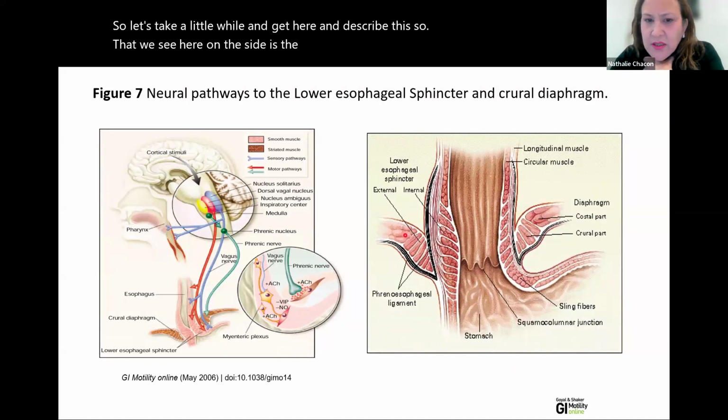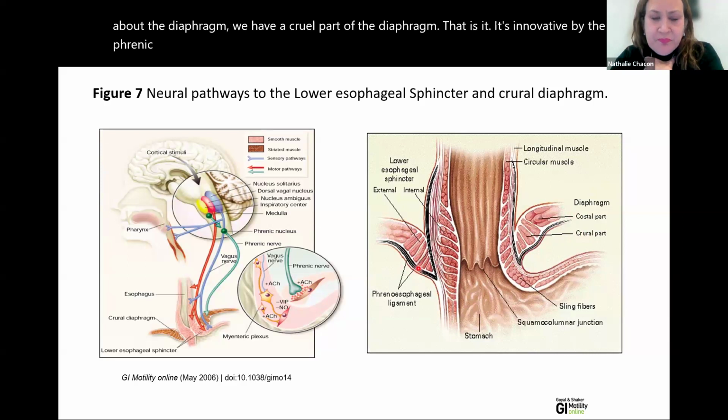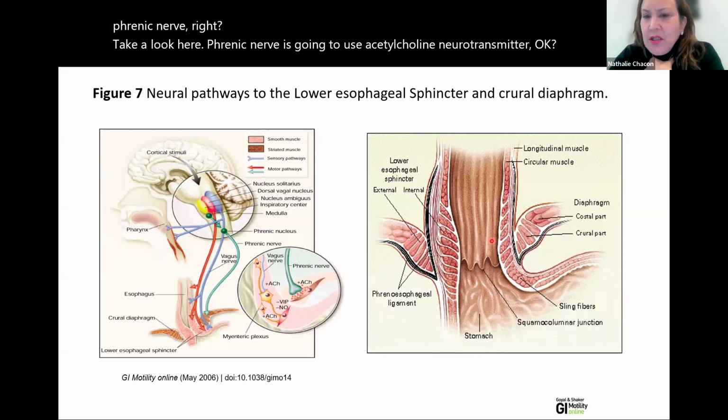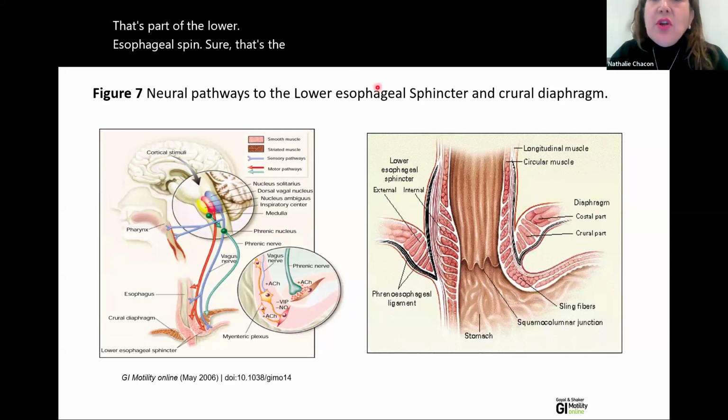Remember that when we talk in anatomy about the diaphragm, we have a crural part of the diaphragm that is innervated by the phrenic nerve, right? Take a look here. The phrenic nerve is going to use the acetylcholine neurotransmitter, okay? That's part of the lower esophageal sphincter. That's the outside of the lower esophageal sphincter, okay?